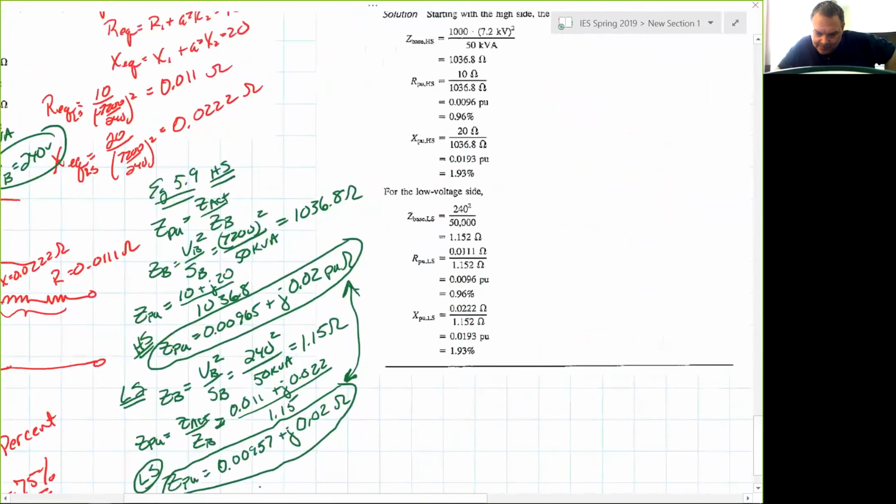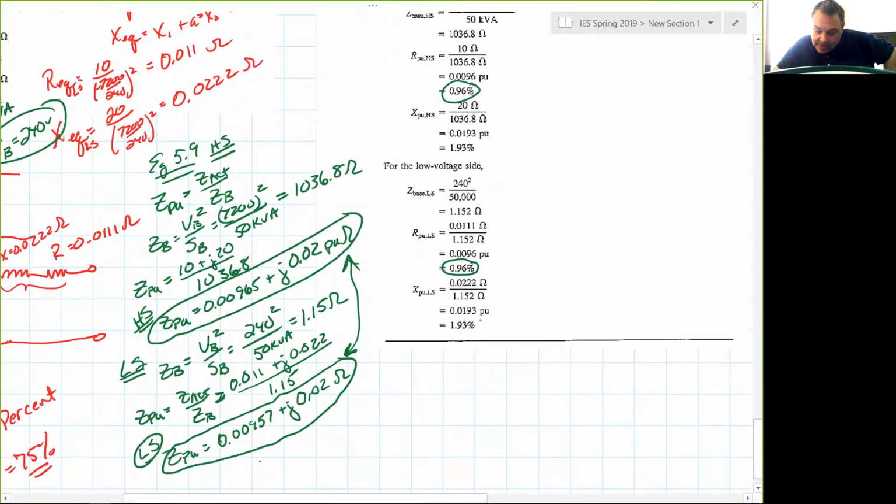If you look at their example, they put these into percent, so they got 0.96%, 0.96%. These are both almost exactly 0.96. And then they got 1.93. We called it 2%.